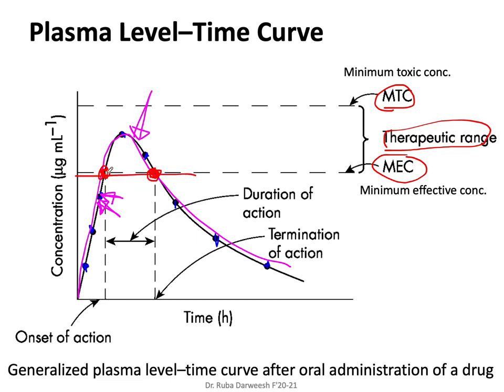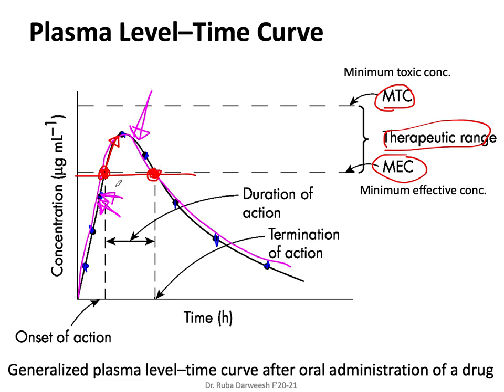Once the concentration of the drug equals or starts to be more than the minimum effective concentration, this is the onset of action of that drug. At the time the concentration of the drug starts to be below the minimum effective concentration, it's not active anymore.